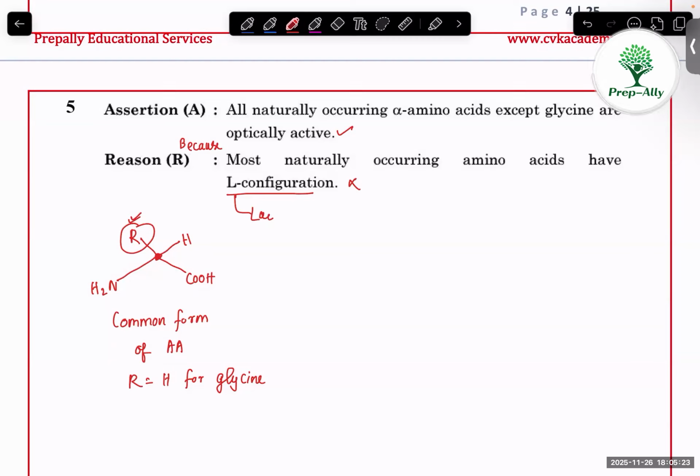It is dextro configuration. We would say the D configuration is the default configuration of all the amino acids.